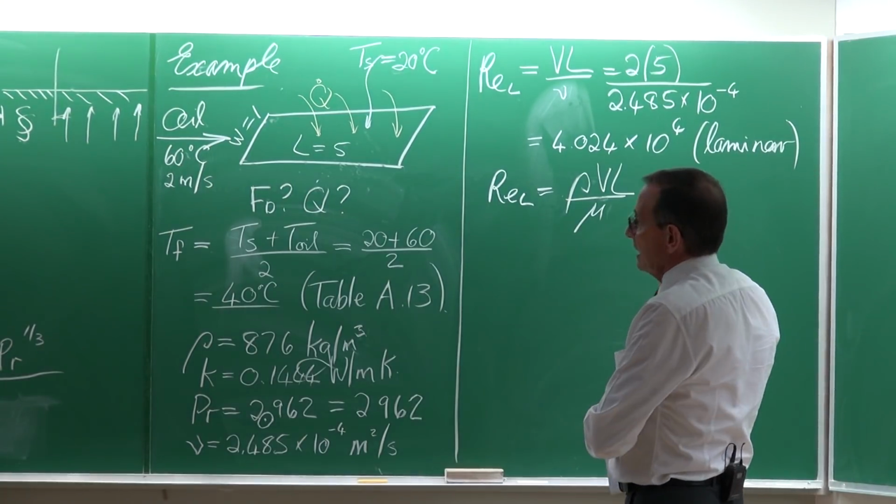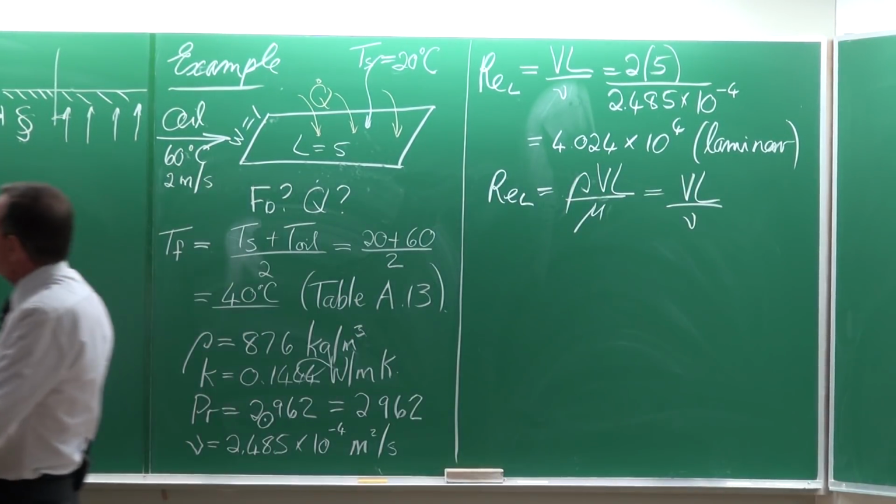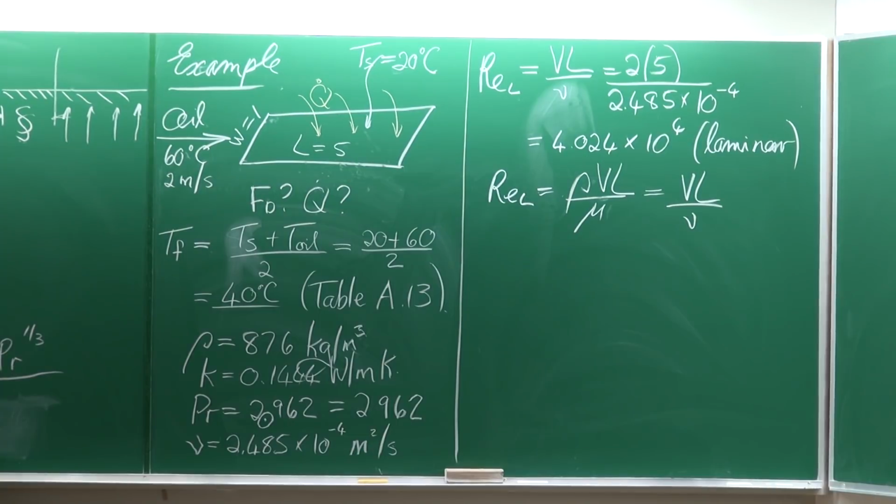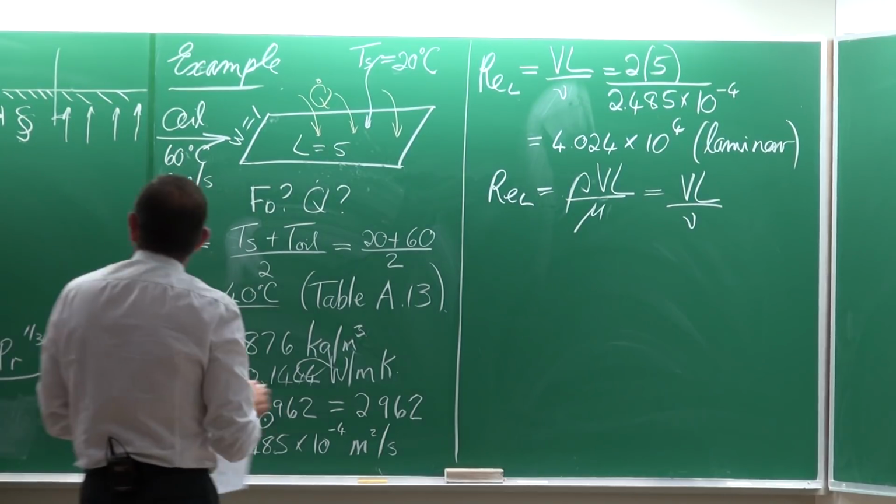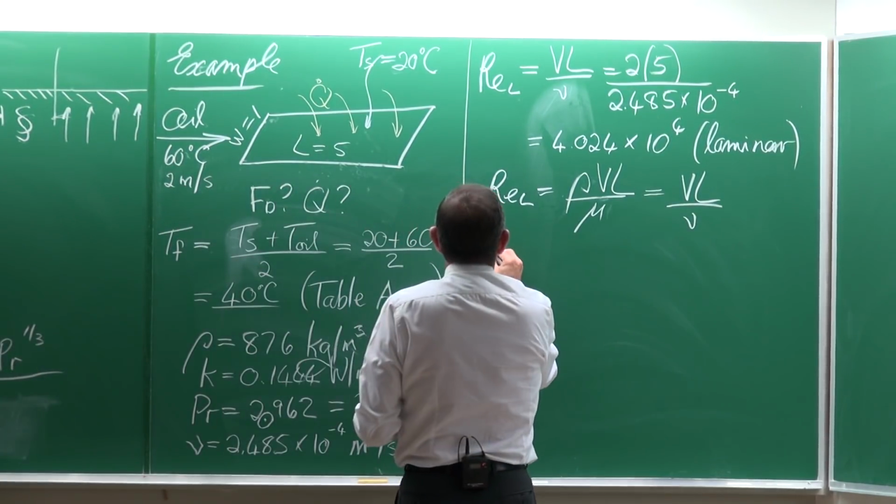Right, now we know the Reynolds number, and if we know the Reynolds number, we know that these equations are valid, so that would give us the average drag over the entire length of the plate.